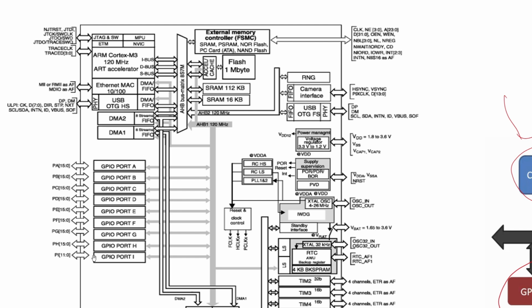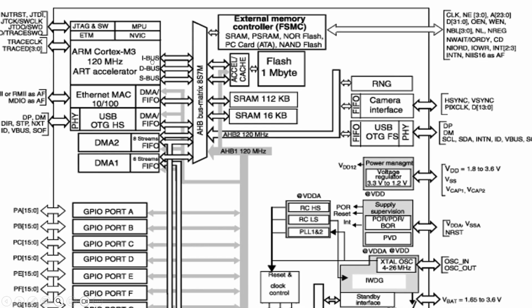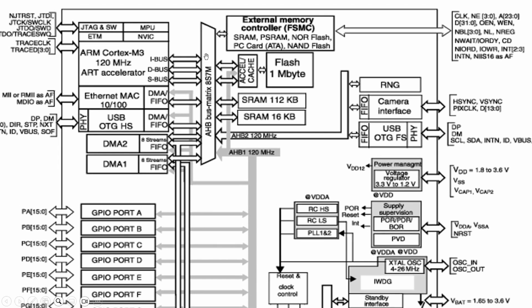See, every peripheral inside the microcontroller is connected with each other with the help of buses. Understood? Are you able to see my finger? This is the AHB bus matrix.